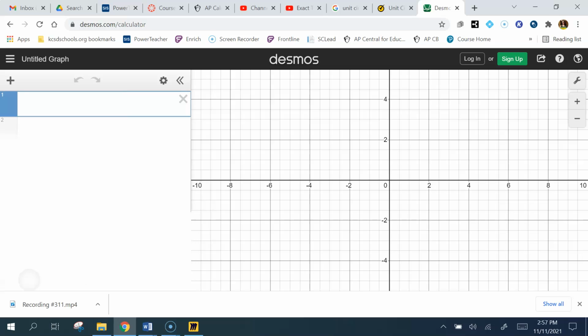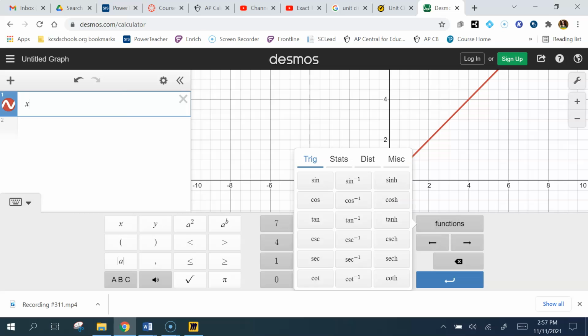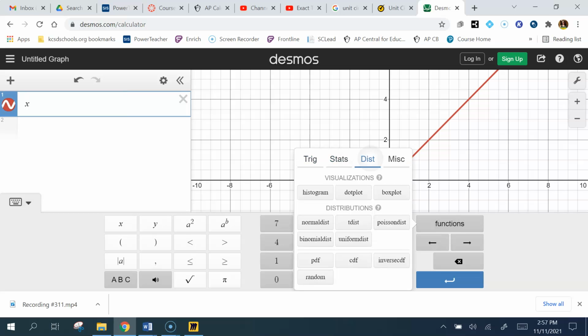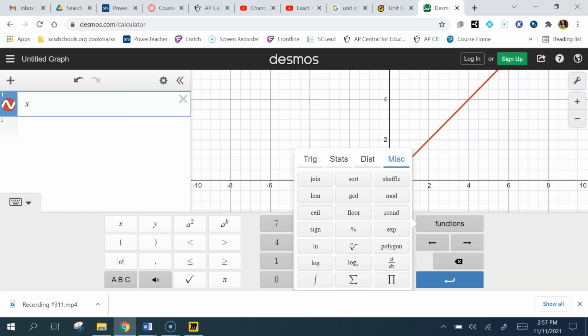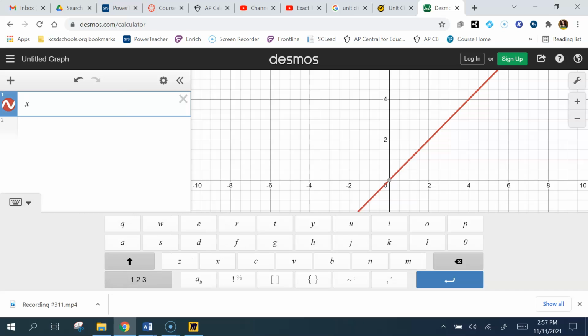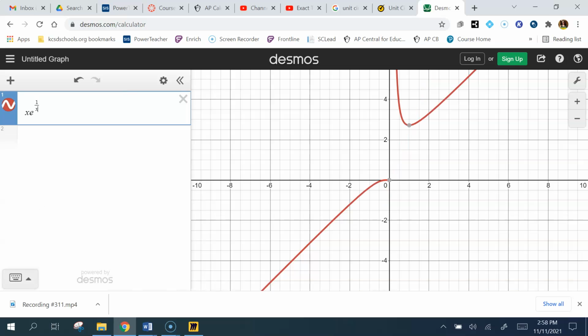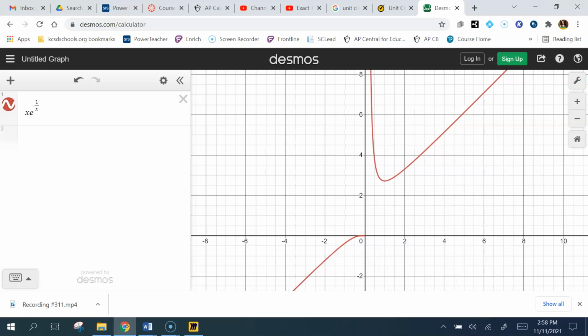If I have x times e raised to the 1 divided by x here, what you'll see is this is an endpoint here, and my function stops, and then I come here.